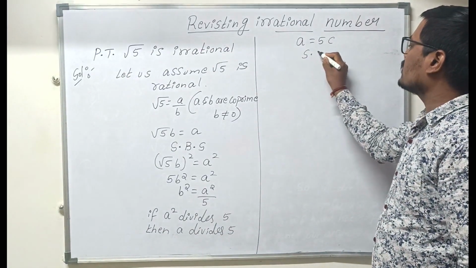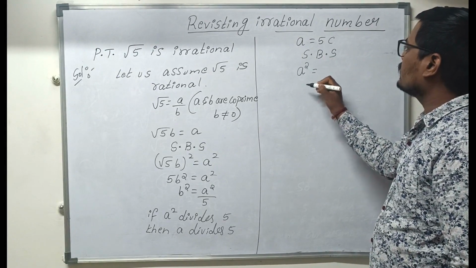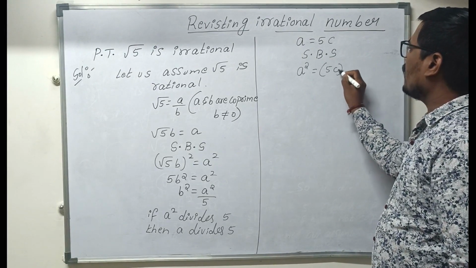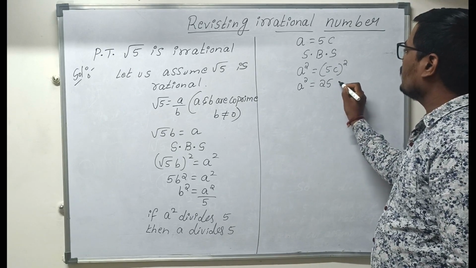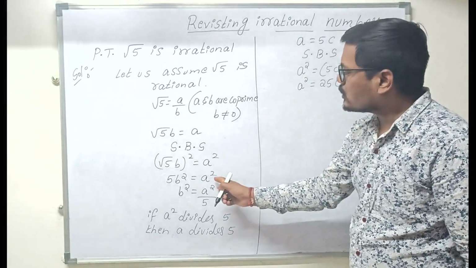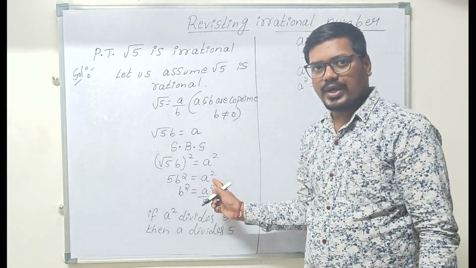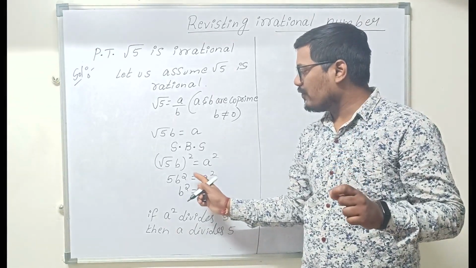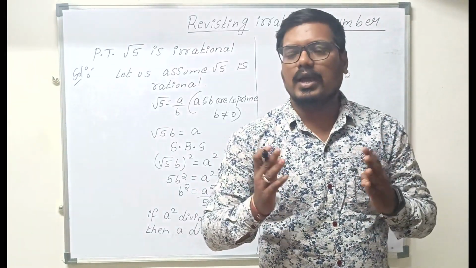Again, square on both sides. We get a square equals 5c whole square, that means a square equals 25c square. What is a square here, children? 5b square equals a square. Can I substitute 5b square in place of a square? Yes.